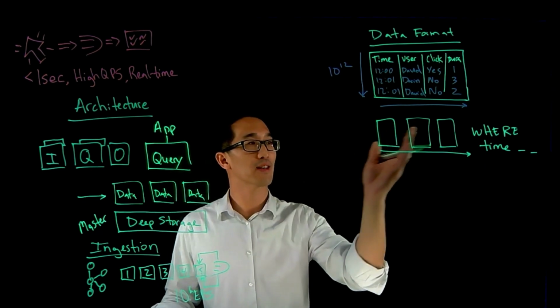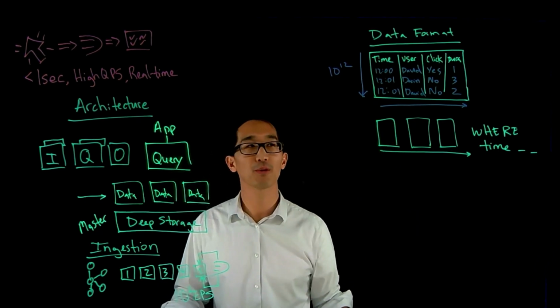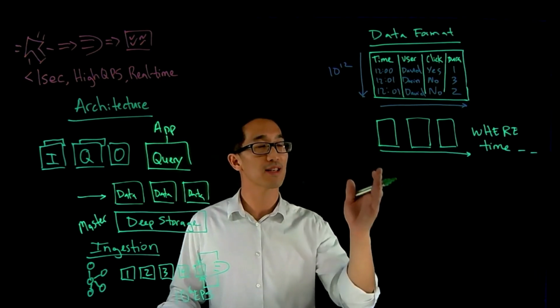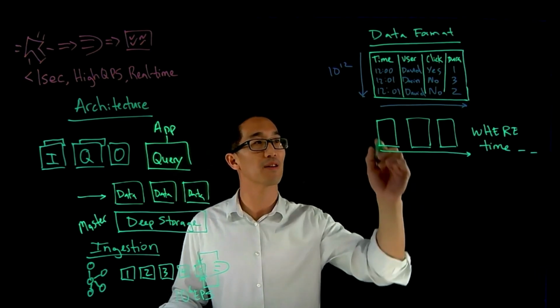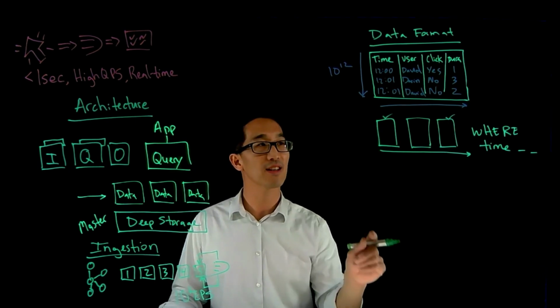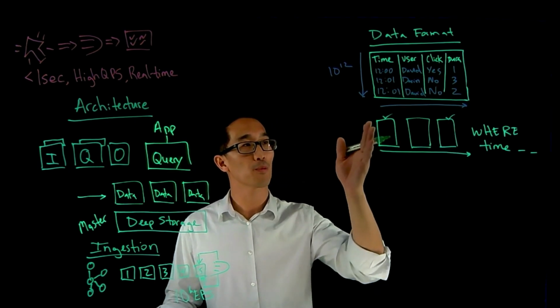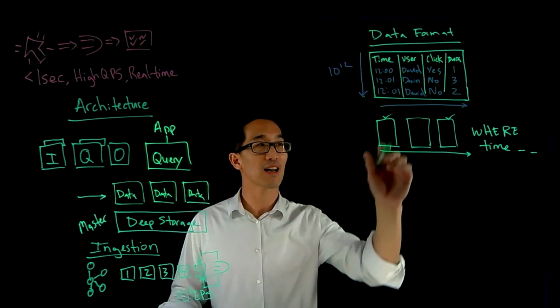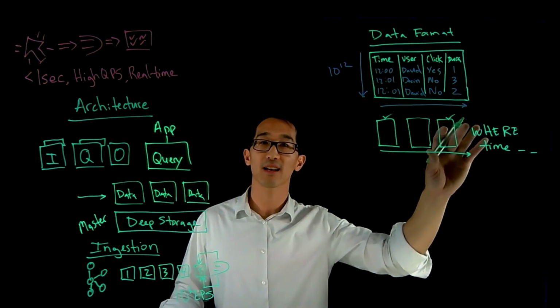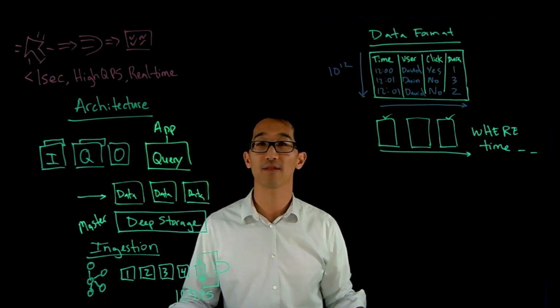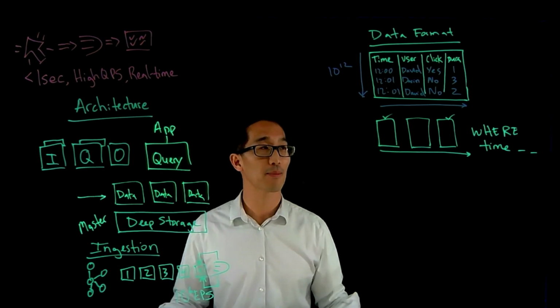The where filter against time is really easy with Druid because of the notion of segments and partitioning, because we partition all of these independent files based on a global time index. So it's very easy for Druid to locate which segments are required for the query, and it's not having to analyze and scan data in all of the other segments. That's really important to help drive the performance of the application.